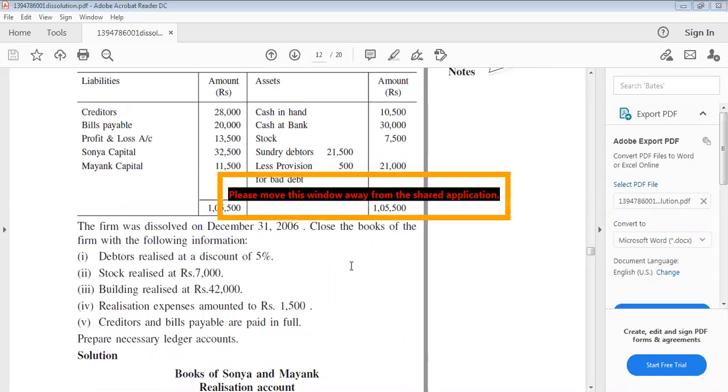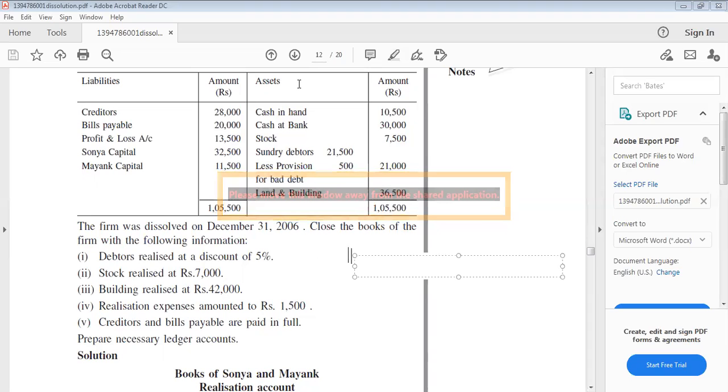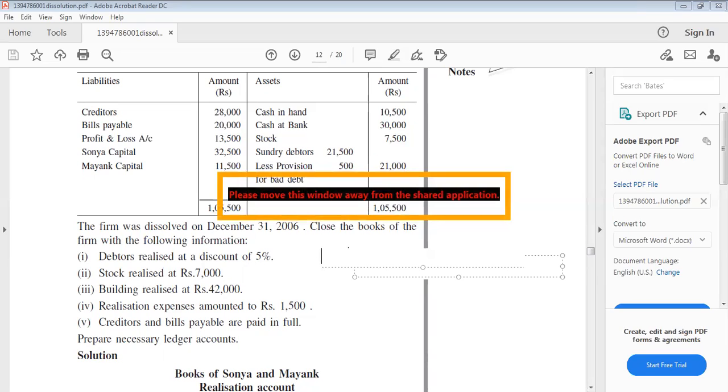So, all right, first thing is first. They say debtors are raised at a 5% discount.